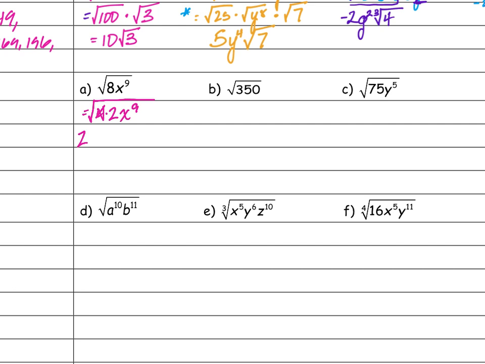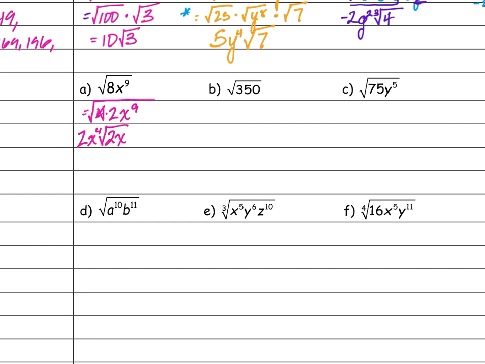How many groups of 2 can I make? 4. So I can bring an x to the 4th out. How many x's did I use to make the 4 groups of 2? 8. So how many x's are left inside the square root? 1. Very good. So that's the square root of 2x.